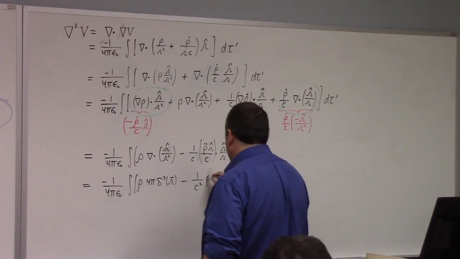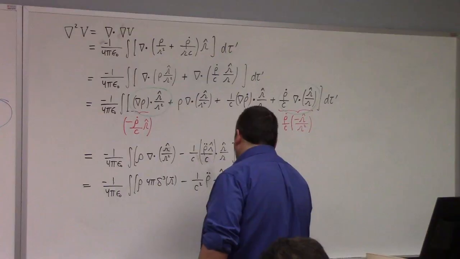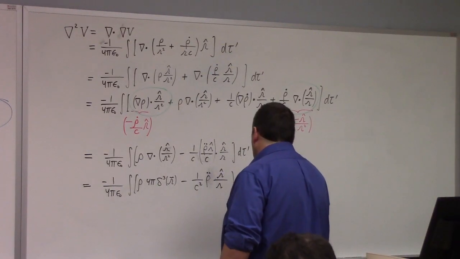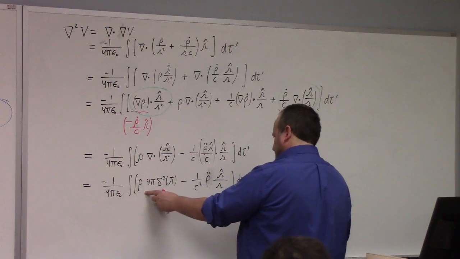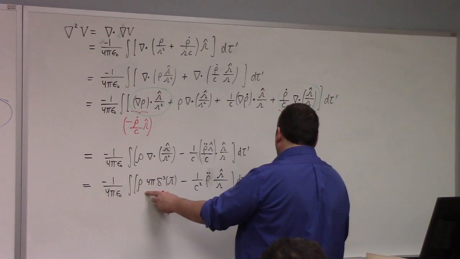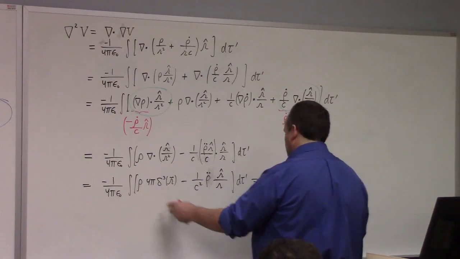rho double dot, script R, man, I hate this symbol, over R, d tau prime. But this is a Kronecker delta. So we've just got minus rho of r, t divided by epsilon naught, by the way.